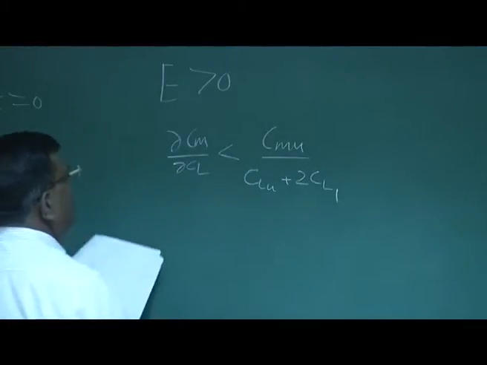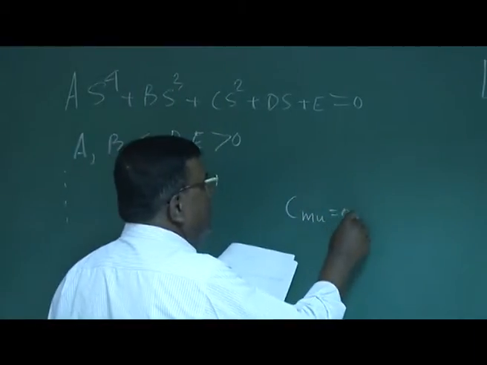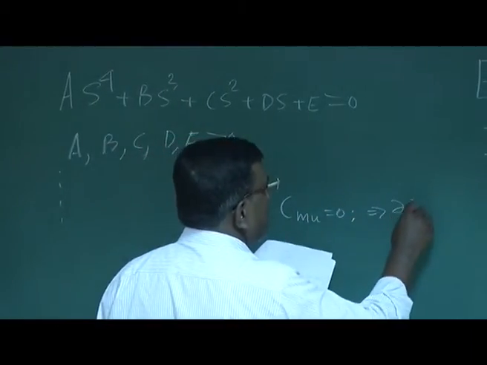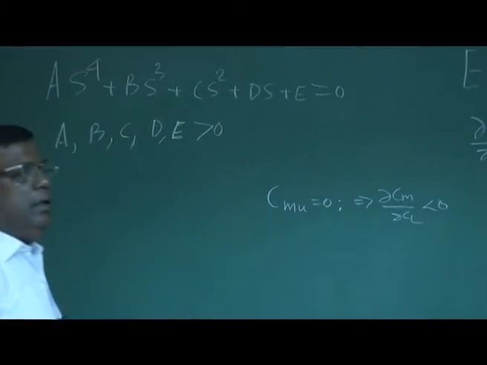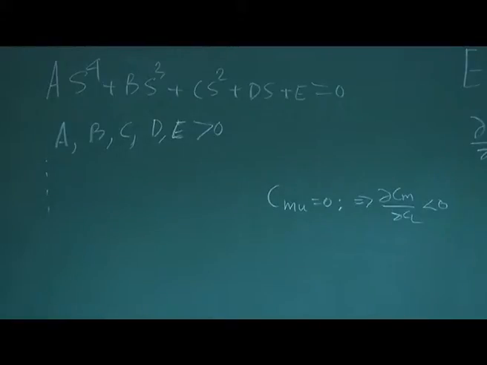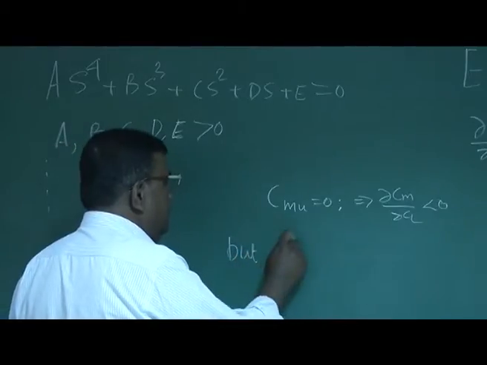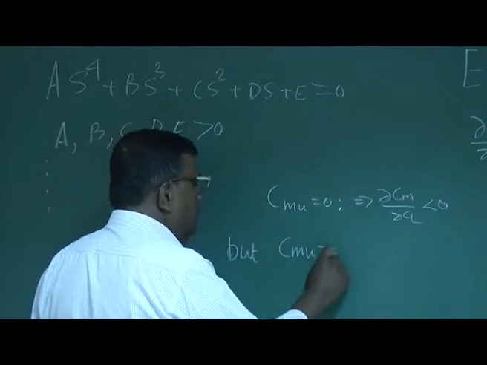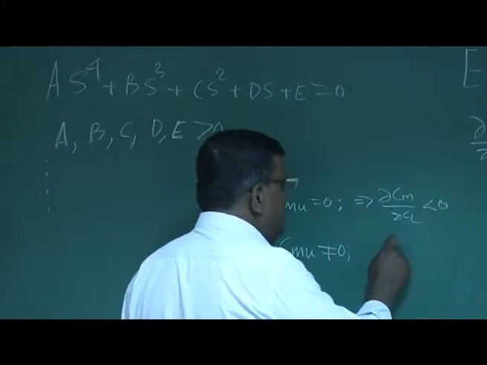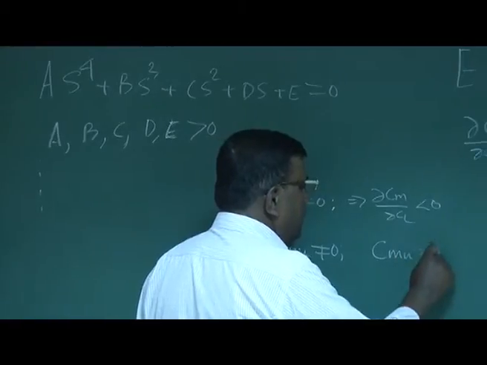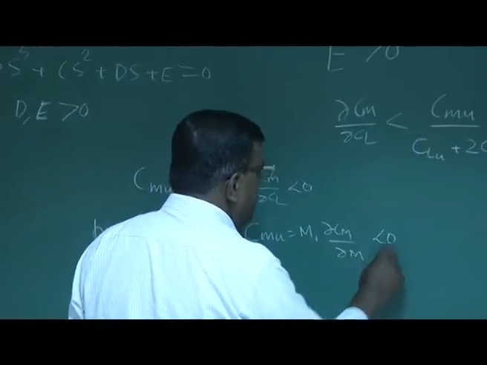From this relationship, we realize that if CMU is equal to 0, this implies simply dCm/dCl less than 0, with which we are very familiar: the slope of Cm versus Cl at equilibrium should be less than 0. But at high speed, if CMU is not equal to 0, then what? At high speed, CMU is nothing but M1 dCm/dM, which is less than 0.